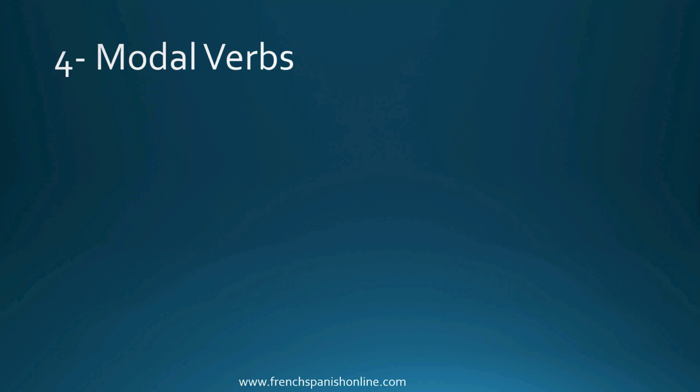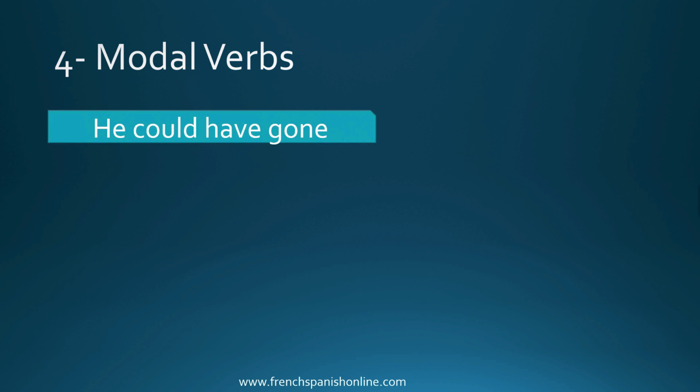There is another part that you maybe know, because there is a video about the modal verbs on my website. Just to explain that the modal verbs act like auxiliary verbs in English, but not in French. So if you want to translate he could have gone, could here is the auxiliary verb, but in French there is no such verb to translate that.